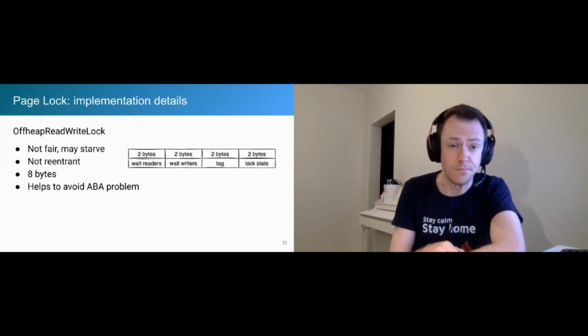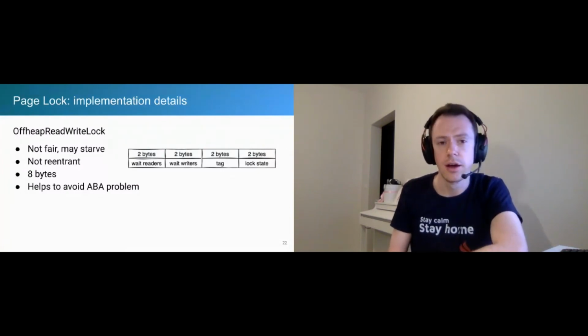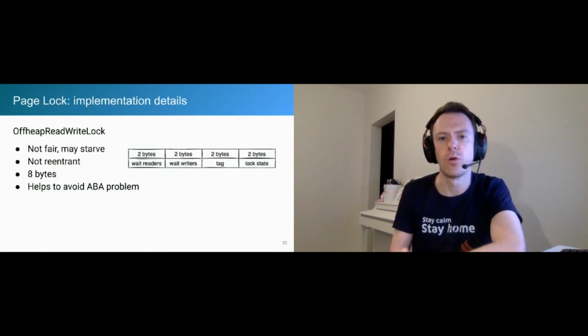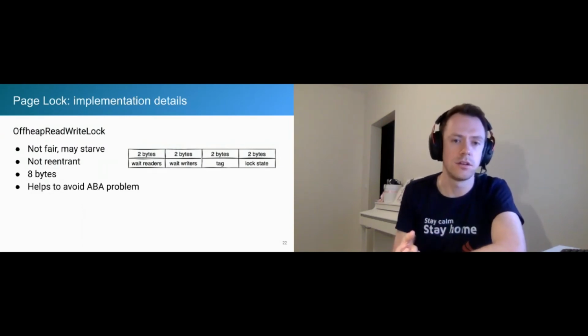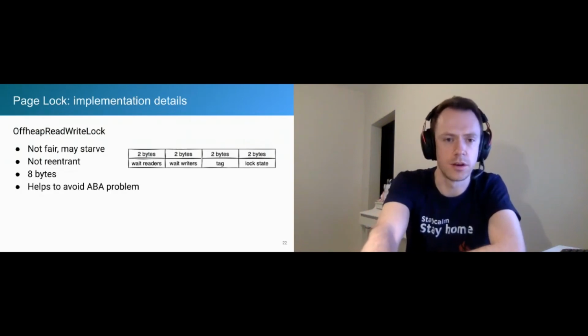And the second point from the implementation standpoint is that the lock is not reentrant. But actually, since the native persistence was implemented, there was not a single time when we wanted or regretted that this log is not reentrant. And so the log itself is only 8 bytes, and it's very lightweight, and it provides all the necessary infrastructure for page access synchronization.